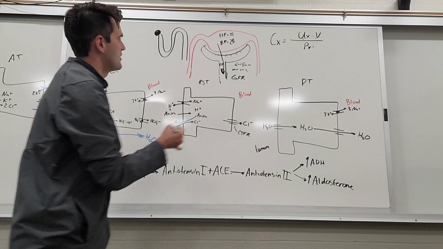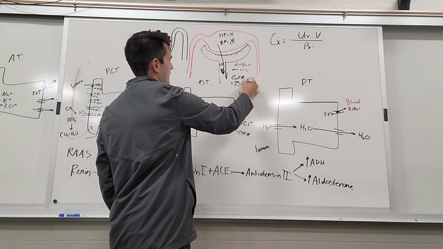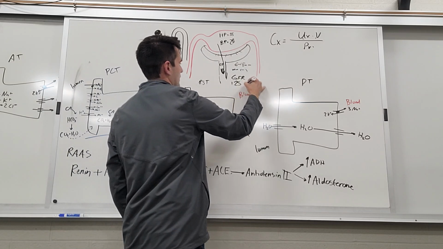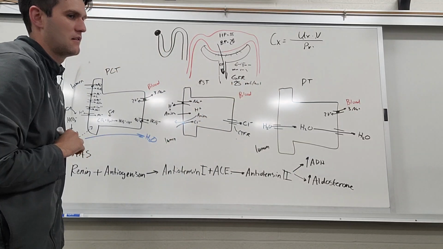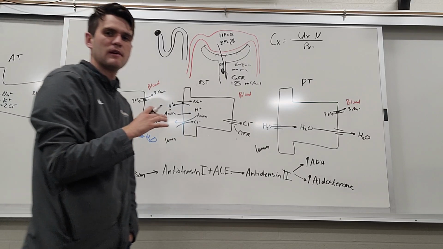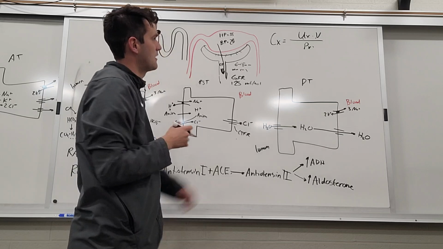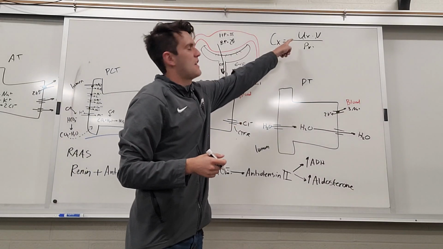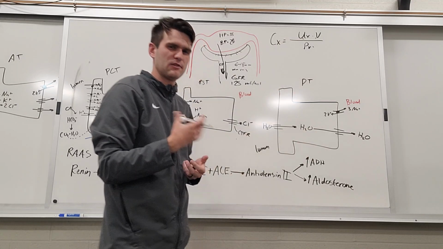Our GFR is about 125, I believe milliliters per minute. I think that's the unit we use. About 125. Clearance is telling us how much stuff is being excreted through urine, how much is being filtered.